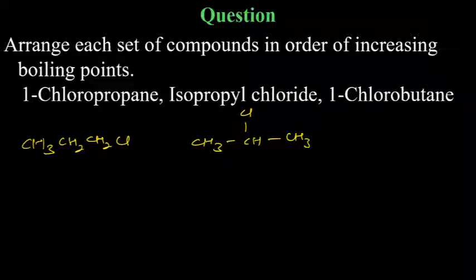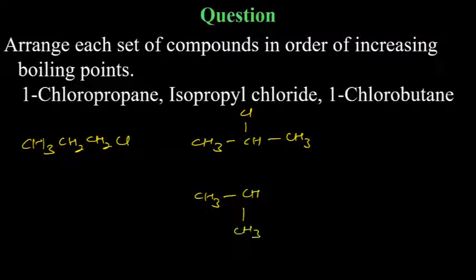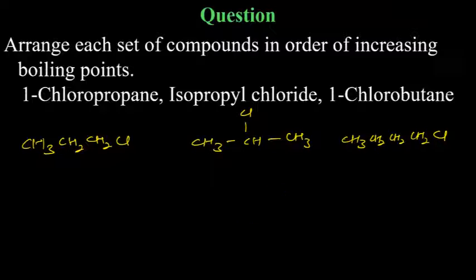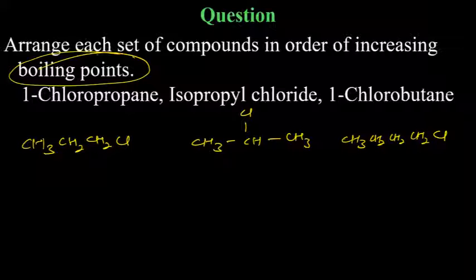This is iso because it is actually like this. Then one chlorobutane, CH3CH2CH2CH2Cl. Now tell me, what should be the answer? Remember, we are talking about boiling point. All have chlorines.